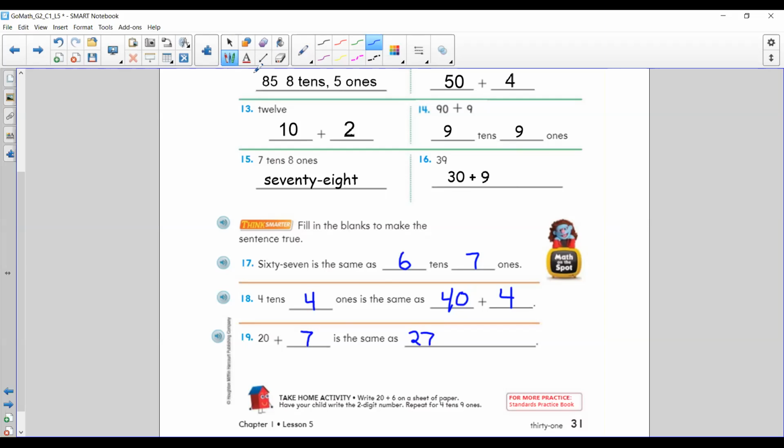Or we can write it out as the word. When we look at how the numbers are written with words on the previous page, we can find out how to spell numbers correctly. So 27 is written 20, hyphen, 7.